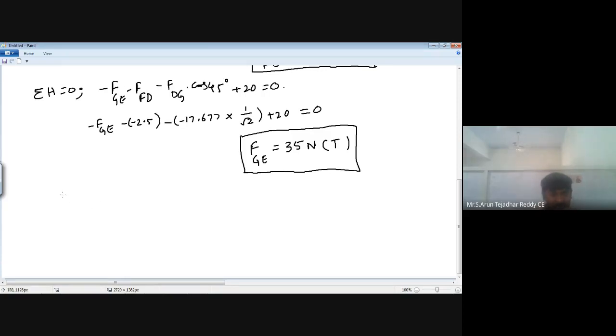Next, write down, make one table: serial number, force in member, magnitude, nature of force.